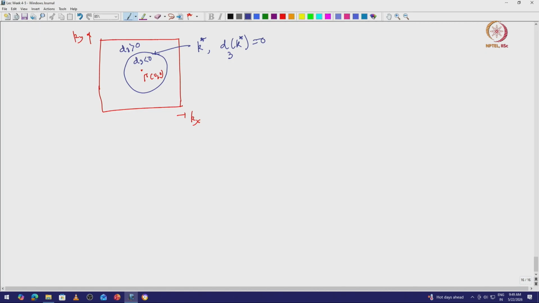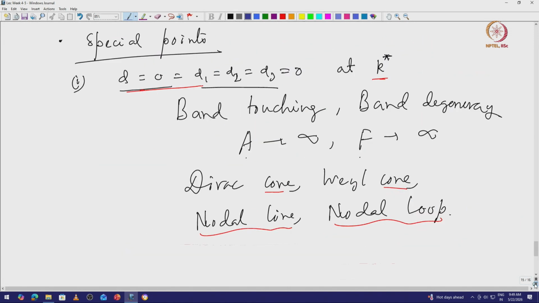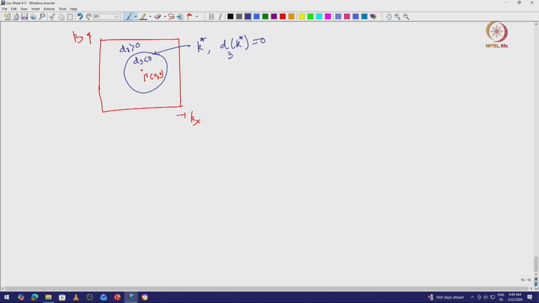Okay. And we have already seen from this expression, as D3 changes sign, you go from one Berry connection to another. In this case, D3 does not contribute here. So, which also means that automatically gives us the opportunity to have the connections change sign. So, let me remove this. A minus, and this will be, let me use a different color.